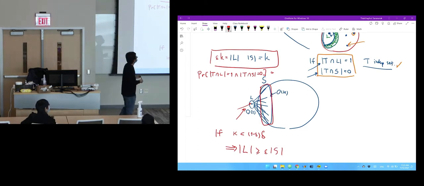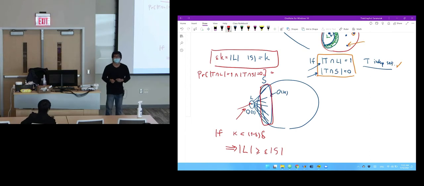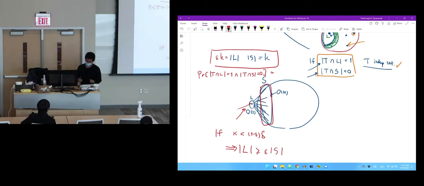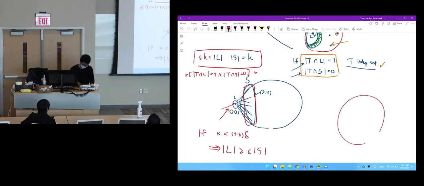So you will always assume that R is as big as L, but when R is as big as L, so let's see, if this is L, if L is something like epsilon n, and S is something like n over 2 or something, and R is like epsilon n.